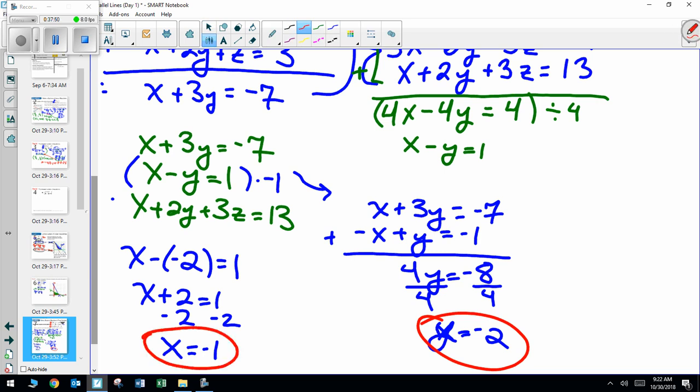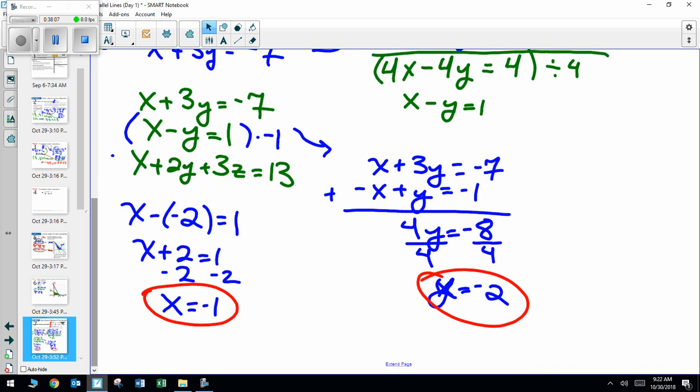I still need to find out what z is, though. So I can go to any of the equations that have 3 of the variables in them and plug in the 2 that I do know. So if I go to this last equation that I was left with, I'm going to plug in -1 for x and -2 for y.